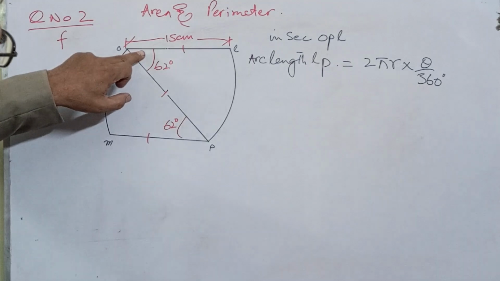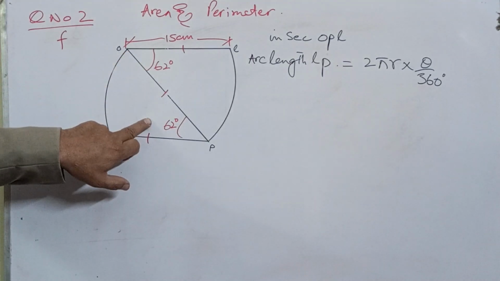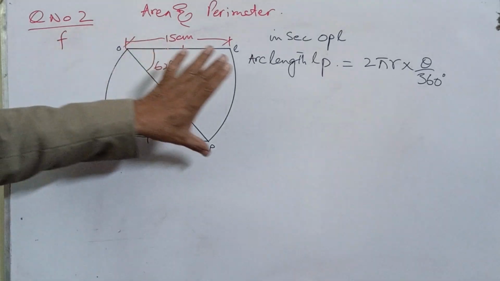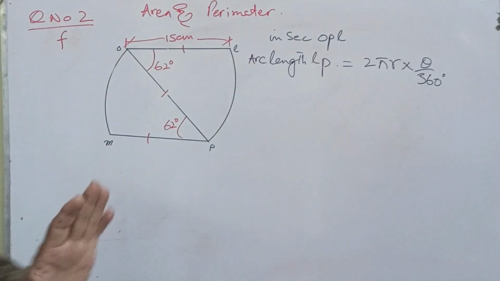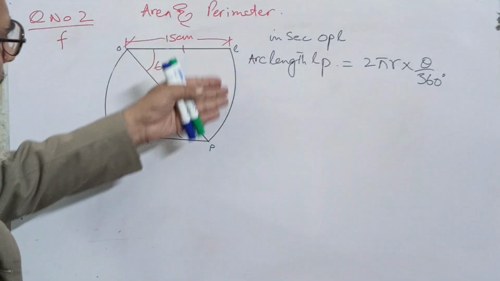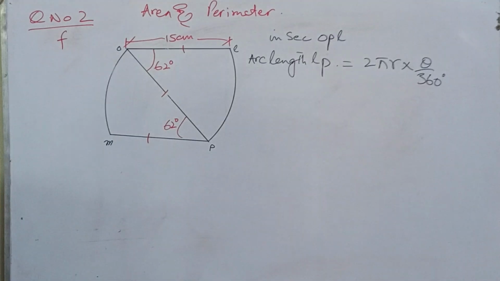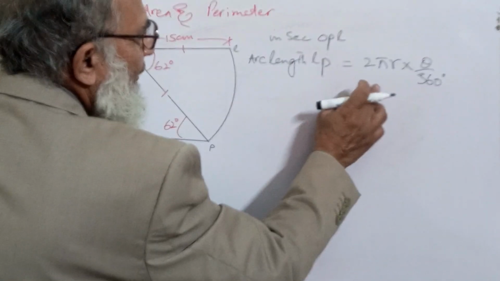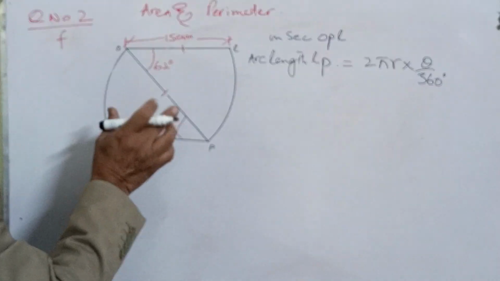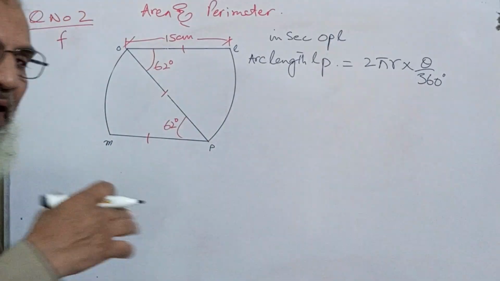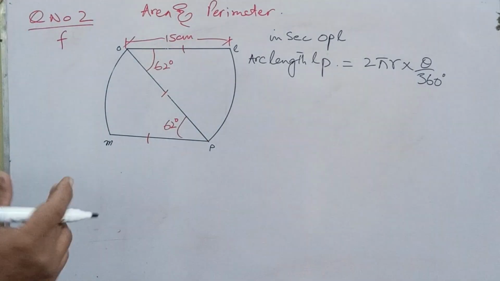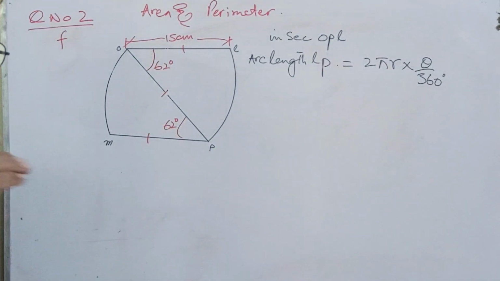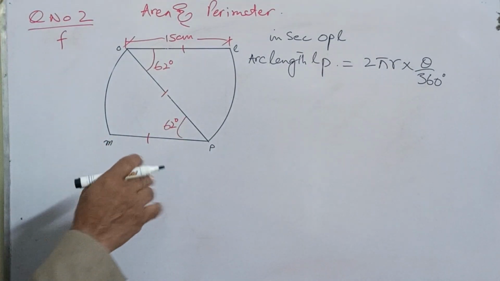Number two, this is 62 degrees and this is 62 degrees, which means the openings of these arcs are equal. So these two sectors are equal in every respect. Let me find only one and then multiply it by two, whether it is area or perimeter.